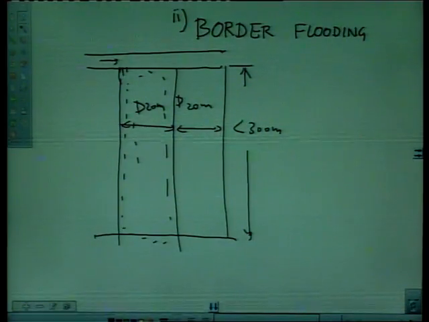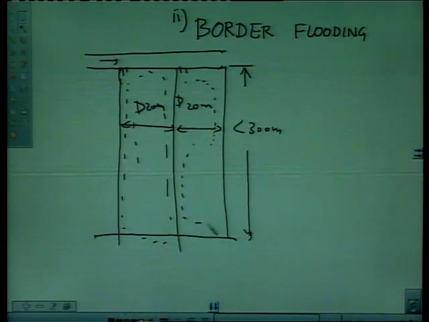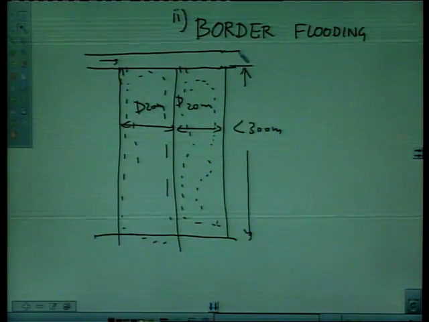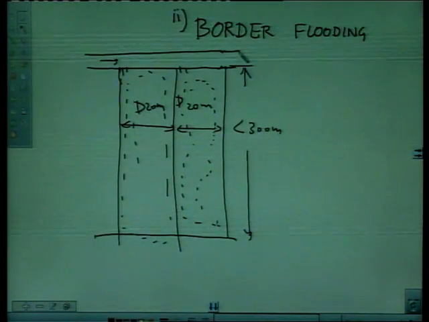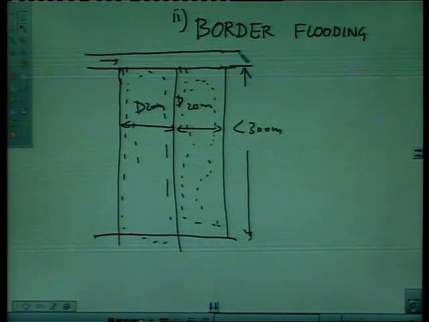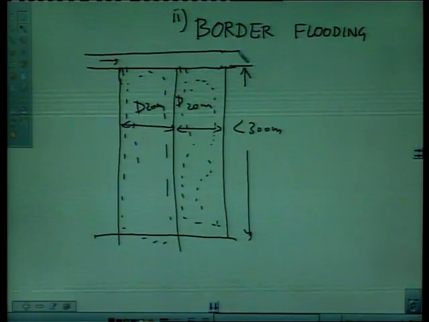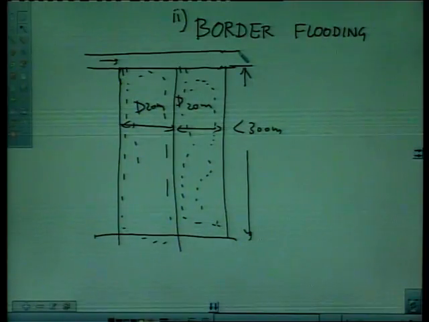The requirement is the same. You want to flood this area, you have to level it thoroughly. Levelers are there. You can use mechanical means, and it will give better crop production. The lengthwise slope varies from 0.5 to 1.5%.